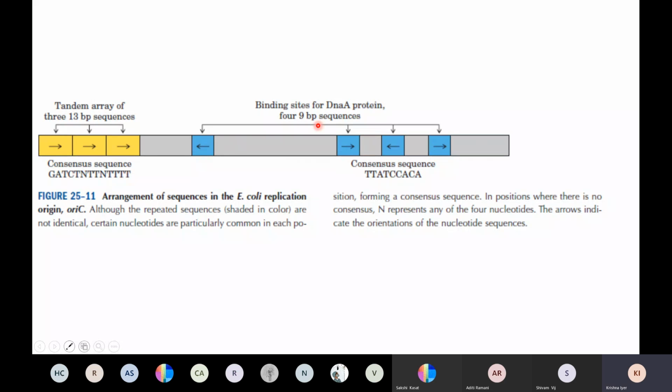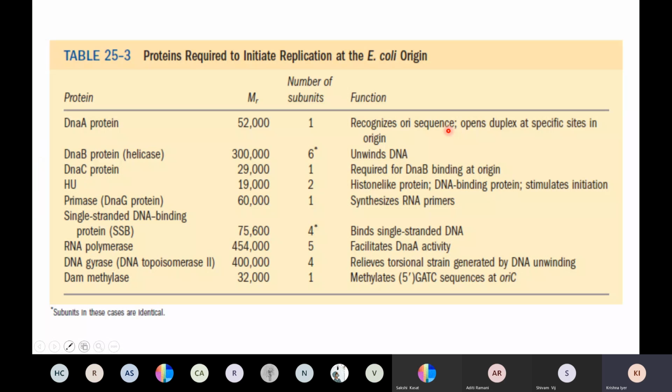So once this DnaA protein sees this set of 13 base pair sequences, relative to that, it binds somewhere here where it also finds this very beautiful 9 base pair sequence, which is separated, but not tandem. Now, what is the DnaA protein? DnaA protein is the one which recognizes the ORI sequence.